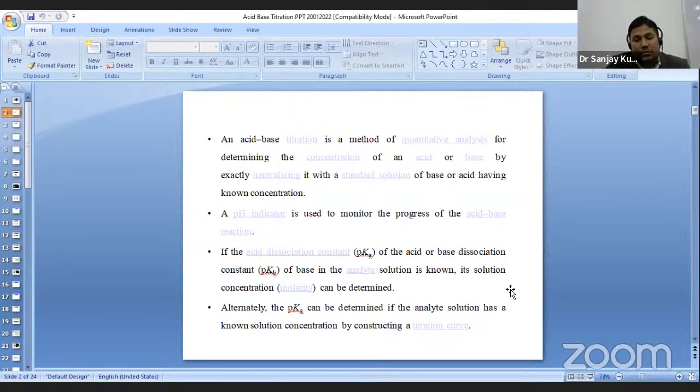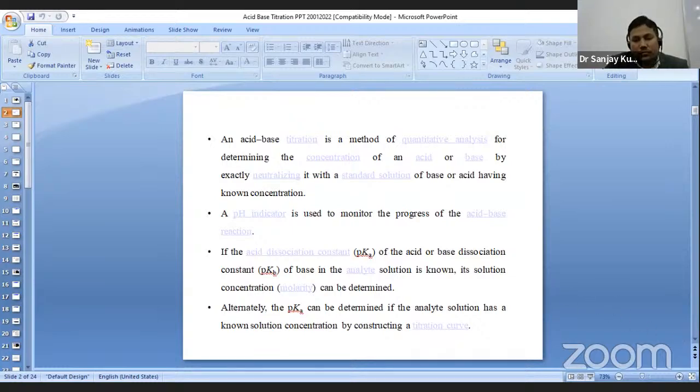Neutralizing means, suppose we have taken an acid, then we titrate against a base using different indicators. There are four types of acid-base titration: strong acid with strong base, strong acid with weak base, weak acid with strong base, and weak acid with weak base.